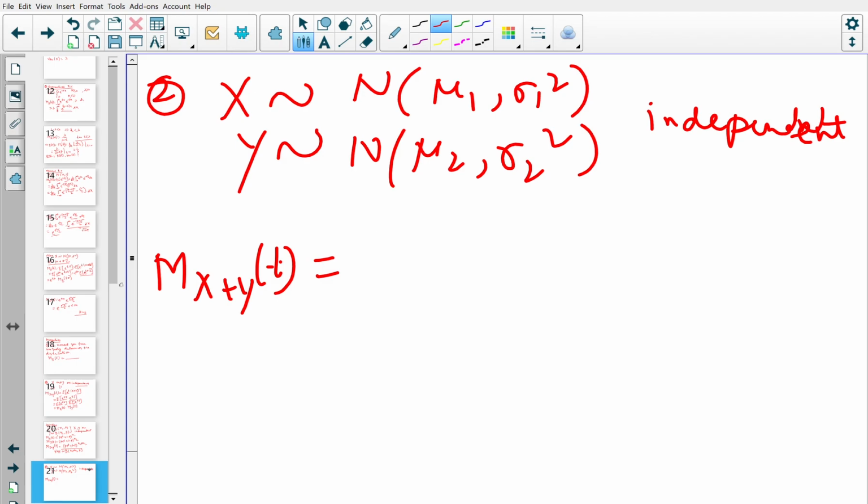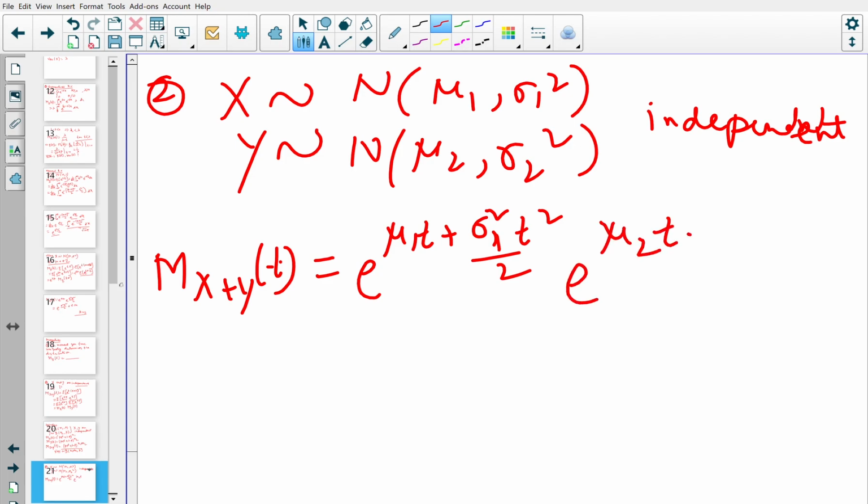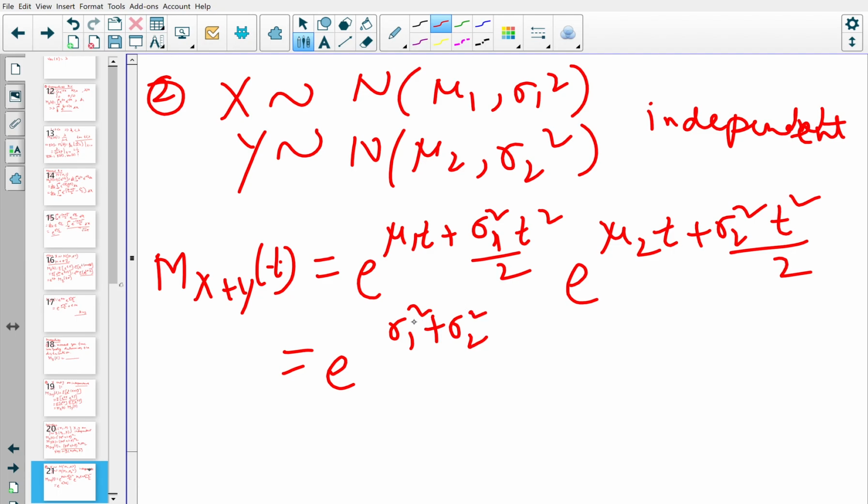So for the first one, it was e power mu 1 t plus sigma 1 square t square by 2. And for the second one, it is mu 2 t plus sigma 2 square t square by 2. Then you can write this as e power (sigma 1 square plus sigma 2 square) by 2 into t square, plus (mu 1 plus mu 2) into t.